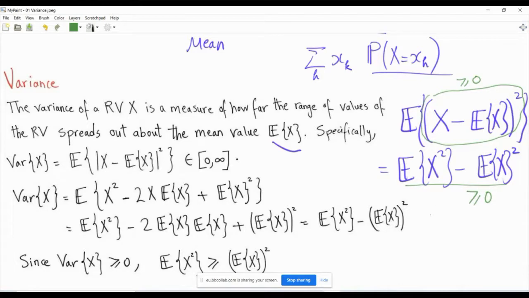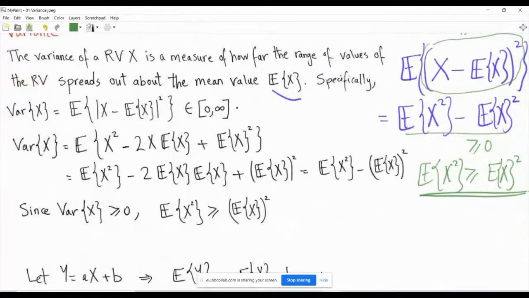So we can conclude that the second moment is always greater than or equal to the square of the first moment. This is a general rule, and it's one of the forms of the Markov inequality that you will encounter later. Okay, so the variance is greater than or equal to 0, and the second moment is greater than or equal to the square of the expected value of x.